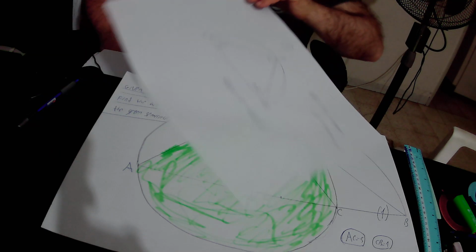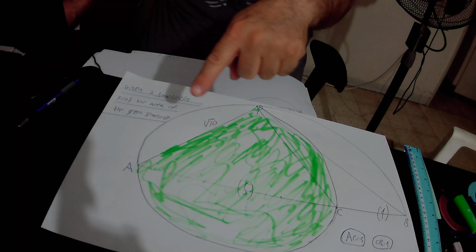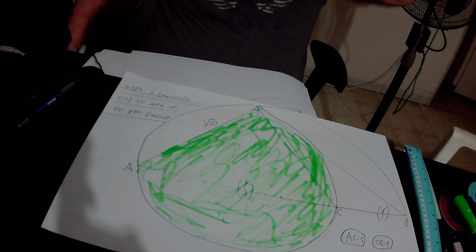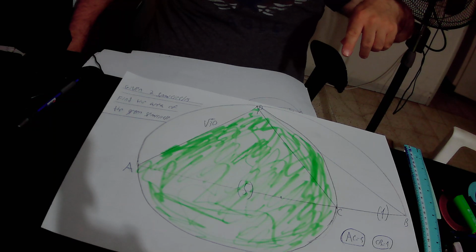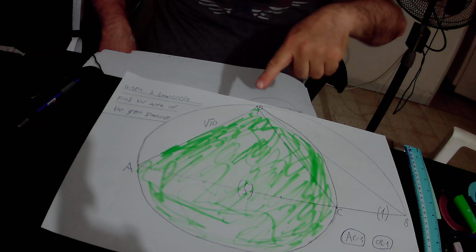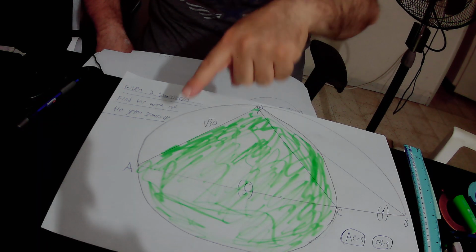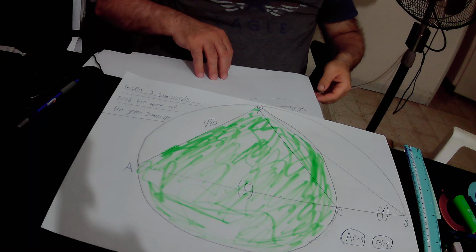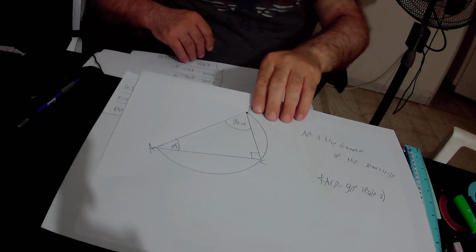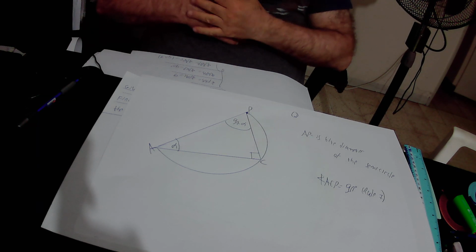In the next step, I copied this green semicircle in a new page, but before that we joined points P and C together by a straight line. This is the green semicircle that I copied from the original drawing.